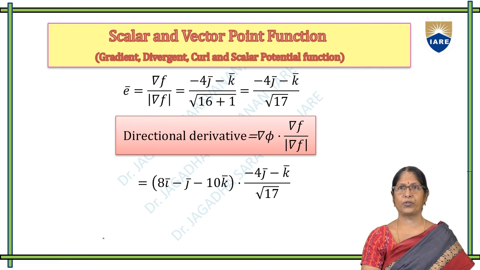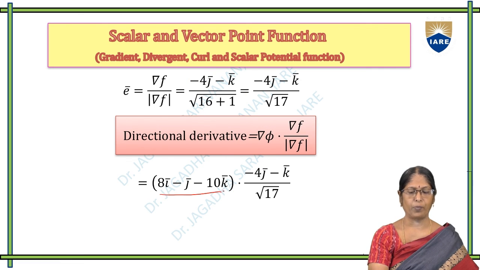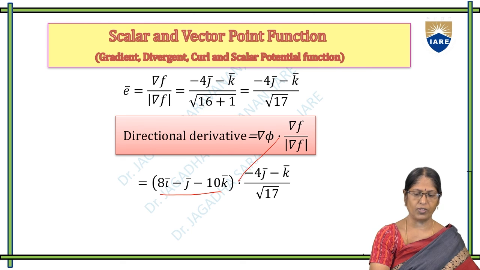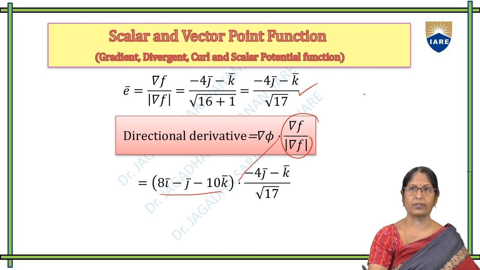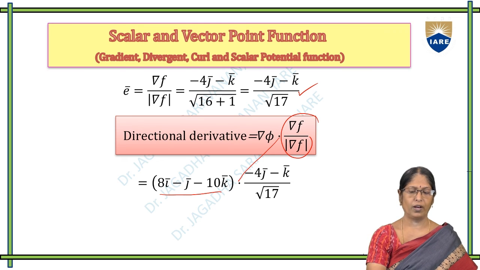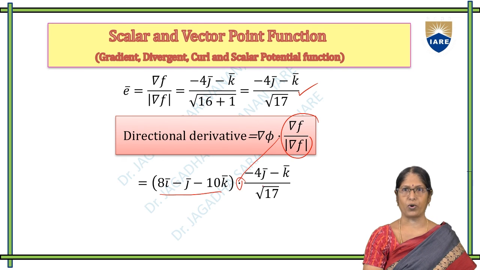After the substitution, grad phi is replaced by 8i minus j minus 10k, dot, which is written as it is, and this is what we obtained just now, minus 4j minus k divided by root 17. Here we have to do the dot product.